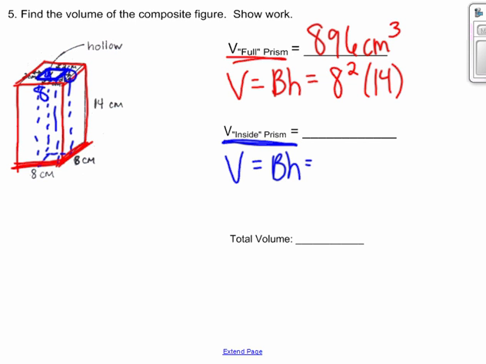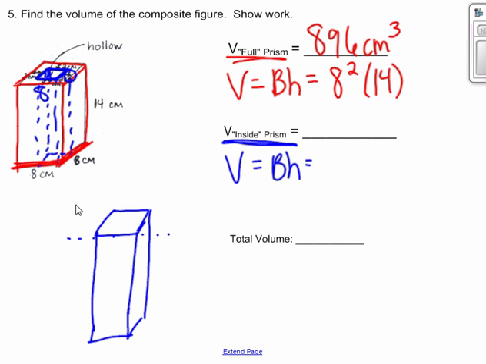If I were to just draw this, picture that as that prism inside. This whole length is 8, and I have 2 here and 2 here, so this is going to be 4. And it's the same thing on the other side. That's 2 centimeters, so this is 4 as well.